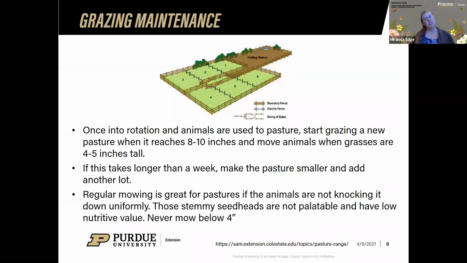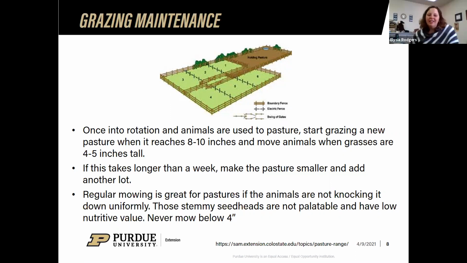However, 5 to 6 inches seems to be a pretty good value for all of those plants that are available in your diverse group, to make a really great forage palatability mixture that brings the most nutrients. You've got low seed heads, and it's going to be plenty of forage and fiber for them to pick up and fill their gut. So I hope that answers the question.